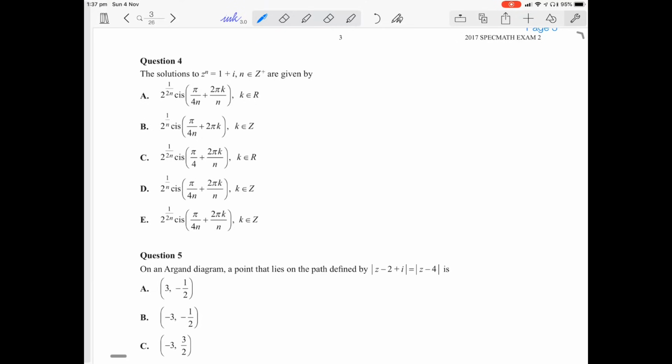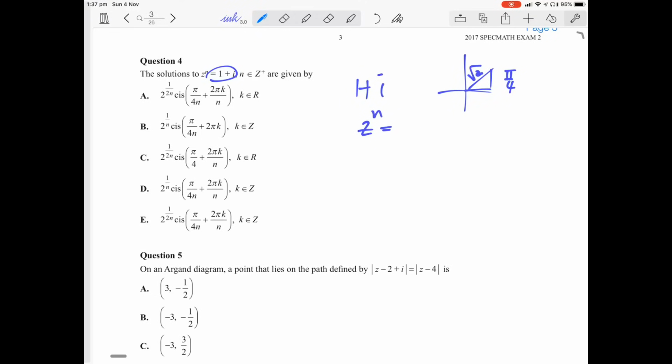Okay, the solutions to z to the n. If 1 plus i, if you think about 1 across, 1 up, the angle is going to be pi on 4, length is going to be root 2.